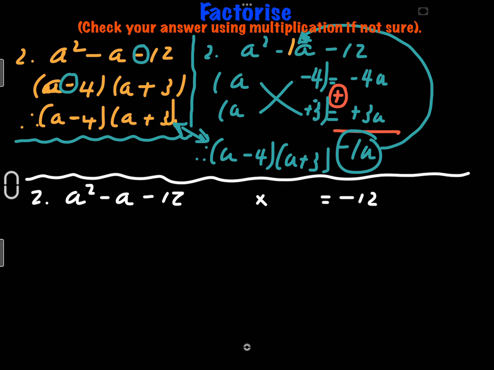We need to multiply two values together to get negative 12. So in this case, we can multiply negative 4 by positive 3, because negative times positive gives us negative. Negative 4 multiplied by positive 3 gives us negative 12.